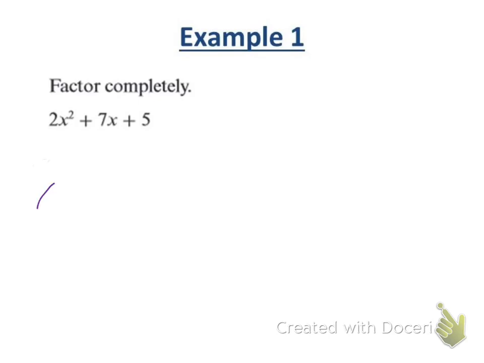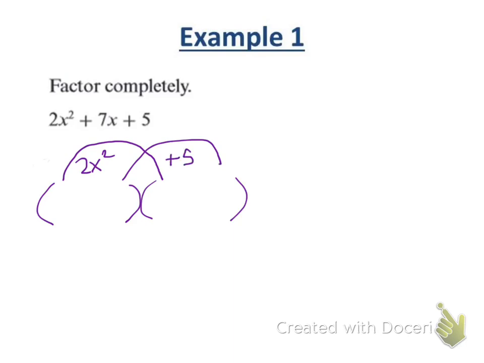We are going to start with a pair of parentheses because we know that if this is factorable, that's what it's going to look like, right? This times this is going to be 2x squared, and hopefully this times this will end up being positive 5. And these two products have to add up to be 7x, right? Here's how you find those factors.